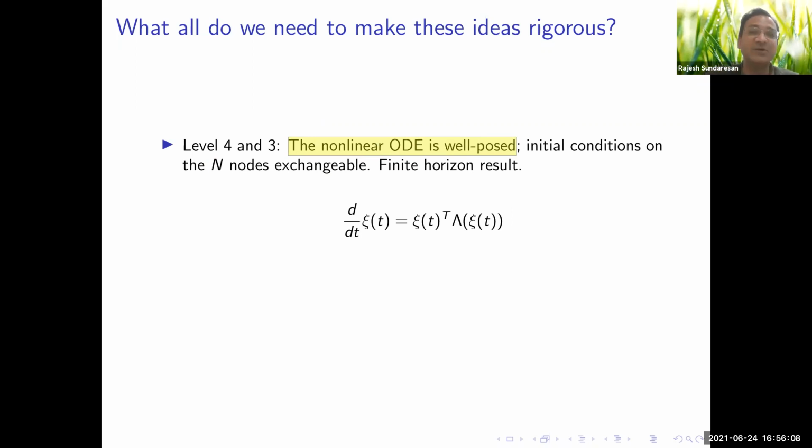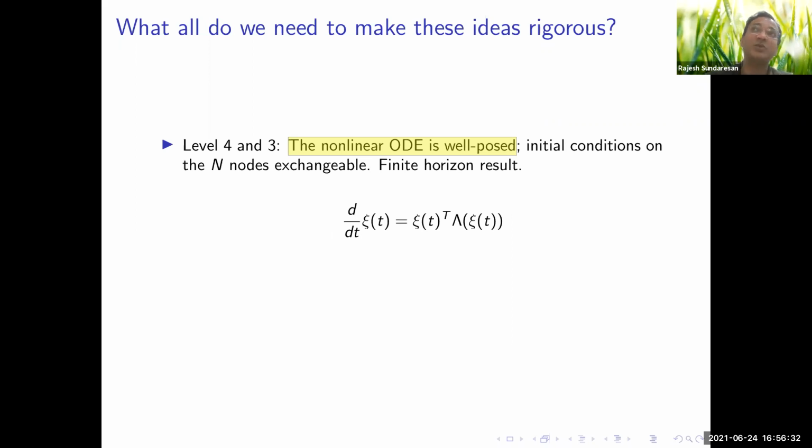You can put it in either way. The nonlinear ODE being well posed can be guaranteed if the lambda ij, which are functions of the empirical measure, are Lipschitz. That suffices to ensure that this is well posed. So that's one condition under which you can make all of these results rigorous.